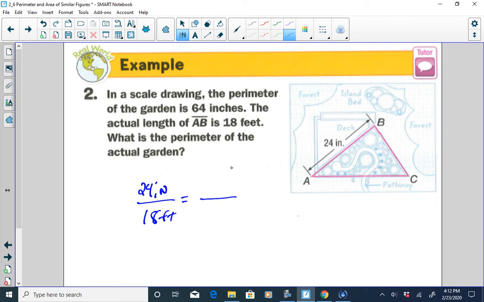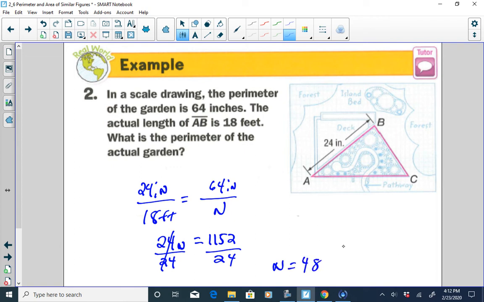Well, we have the perimeter of the garden is 64, those are inches, and we're going to be looking for this in feet here, so that's going to be n. When we cross multiply, 24 times n is going to be 24n, and that's going to be equal to 1152. And when we divide both sides by 24, they cancel, and it's going to be equal to 48, and that would be meters.